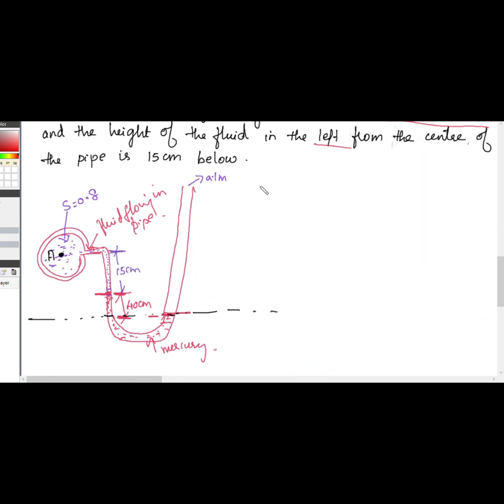Now we know the pressure at A. So see, pressure at 1 will be equal to pressure at 2.